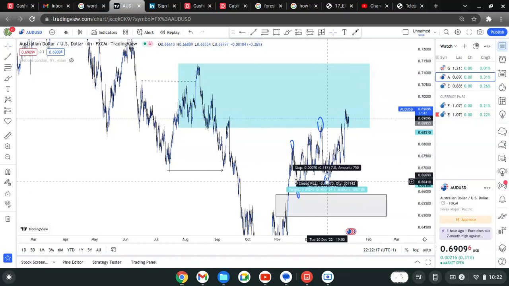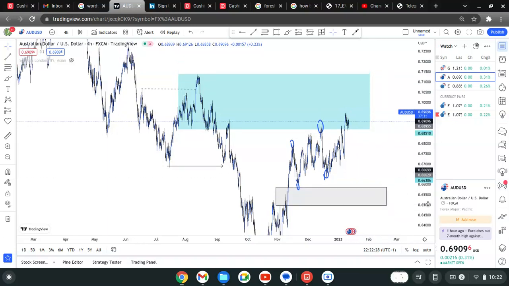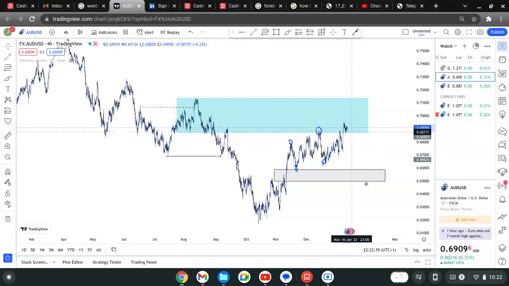I'm looking for a break of this low and a retracement back to those supply zones to take this particular pair down. This is AUD/USD. This is what I'm expecting it to do. Maybe in the future you can check if it's going to happen.